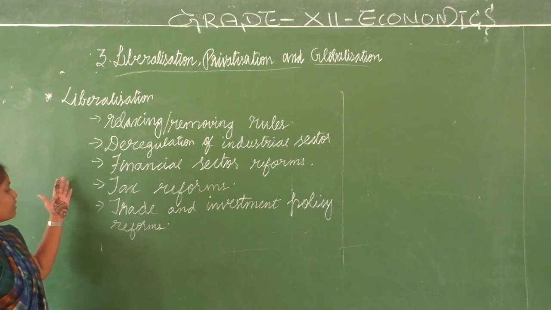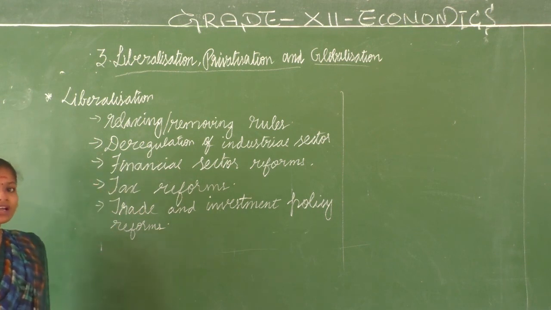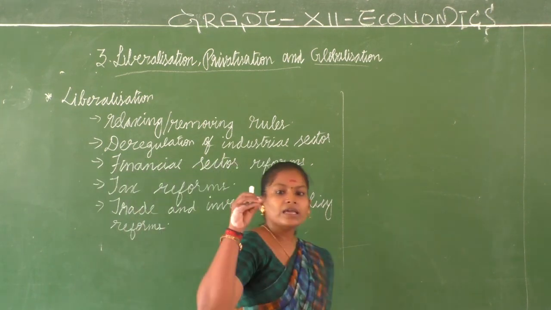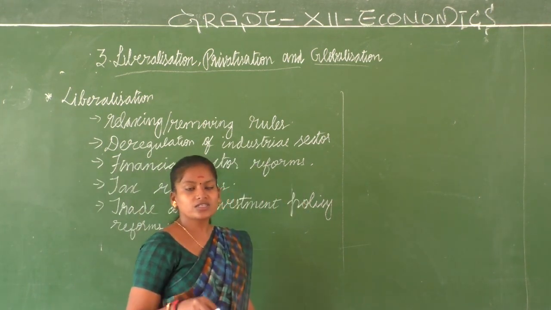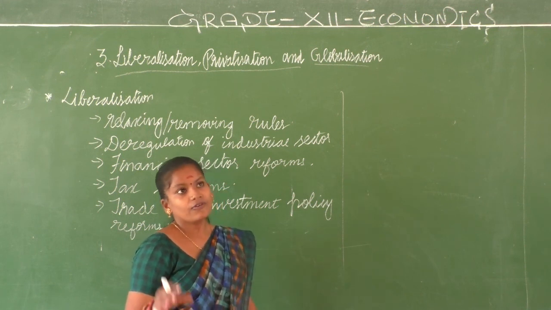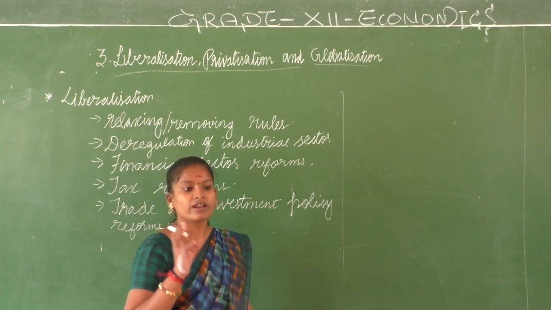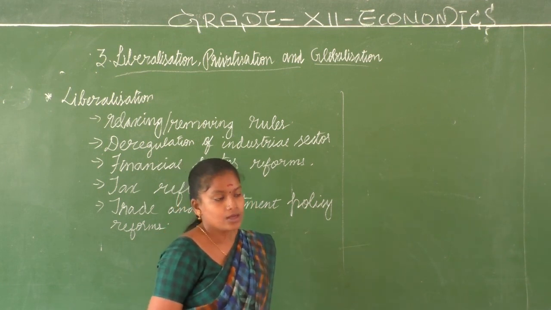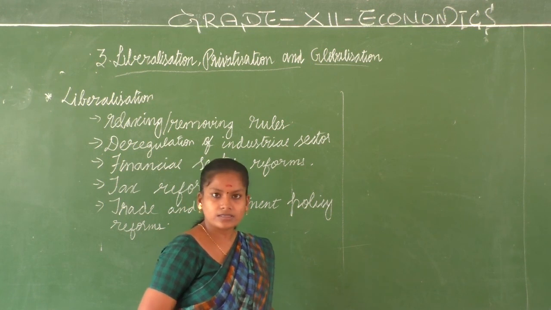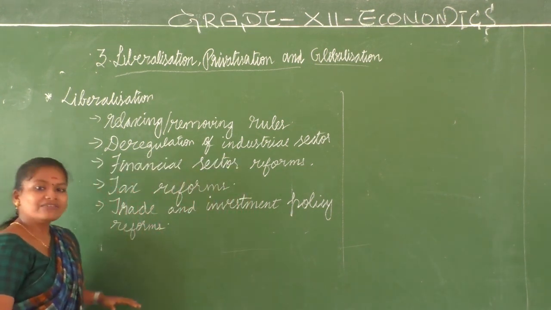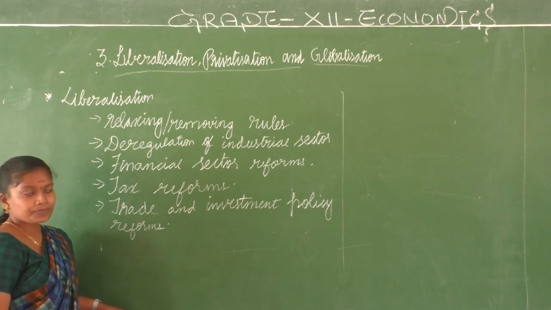Alright, then we have the financial sector reform. We saw that financial sector reforms are many. Earlier, RBI made all the important decisions, rules and regulations for all the banks, and financial institutions were run only by who? The public sector. So the government only had these banks. After this liberalization, privatization of banks happened. So privatized banks were allowed.